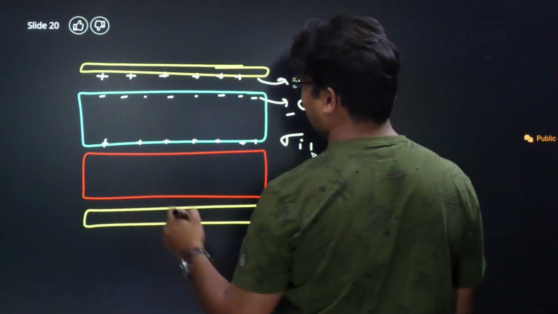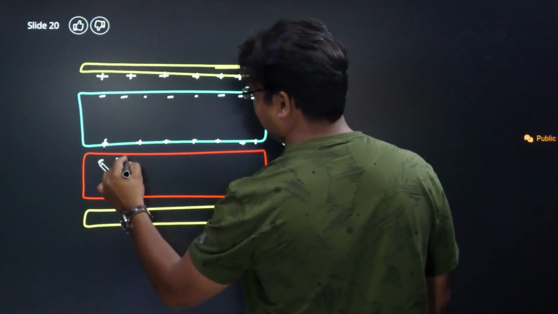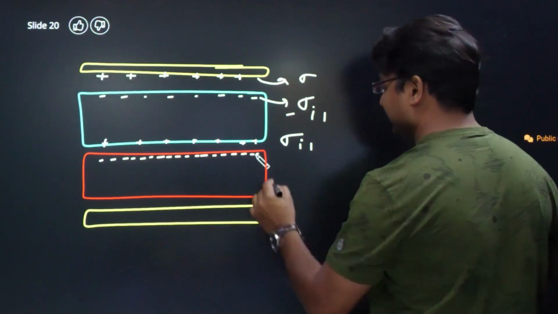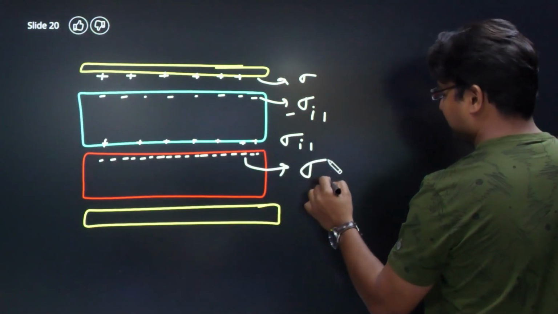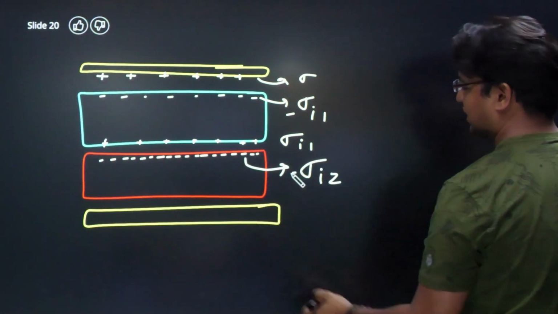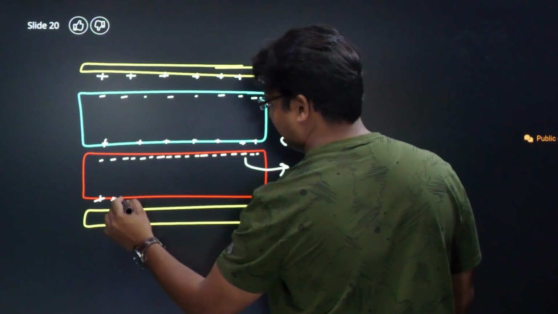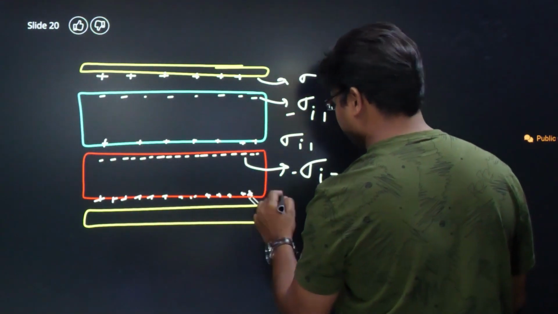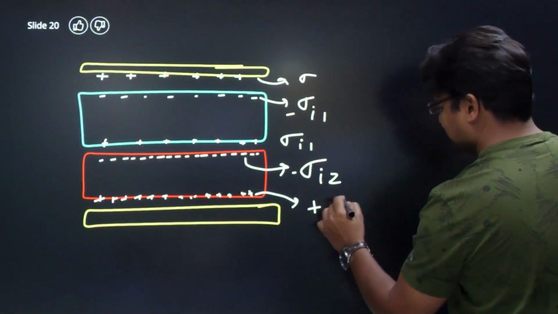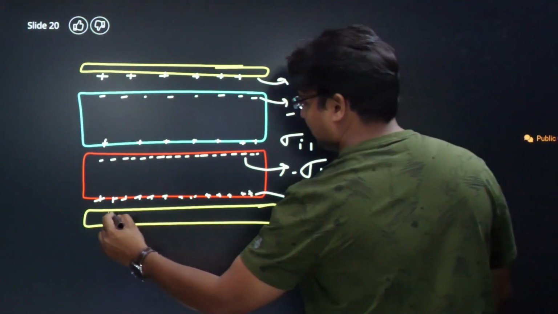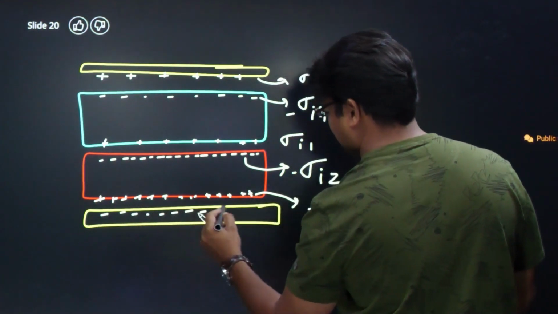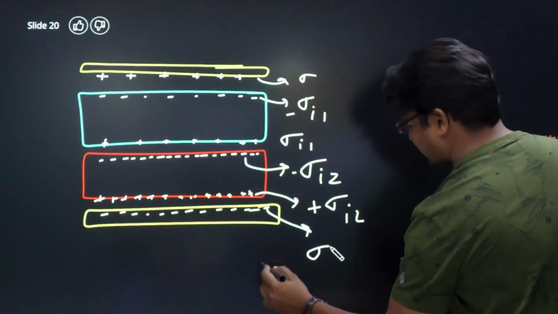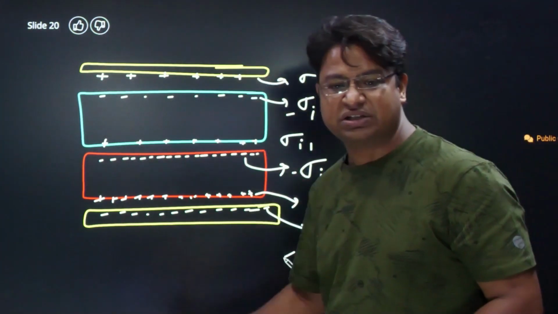Here again you will have negative charge density but with a different sigma, sigma induced 2 with a negative sign, and here again we'll have a positive value, given by plus sigma I2, and here we will have negative values, equal to minus sigma. So this is how the charge densities are present here.